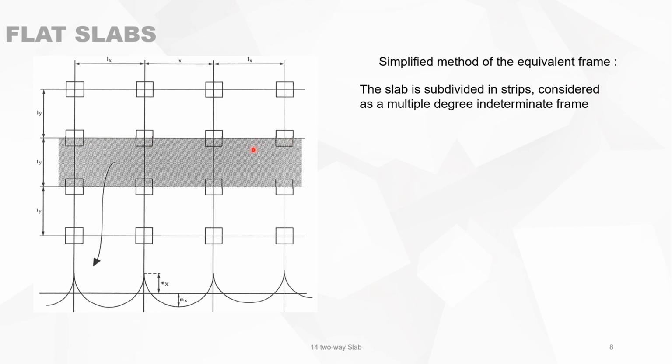And the strip has a width of Ly and a length like it is mentioned here. And you can calculate the bending moments as a multiple degree indeterminate frame. Once you got the bending moment, then you have to distribute the bending moment over the strip of your calculation.